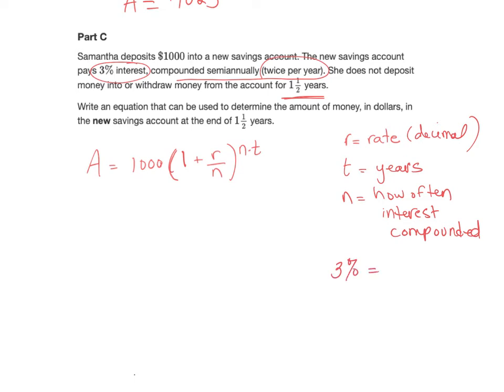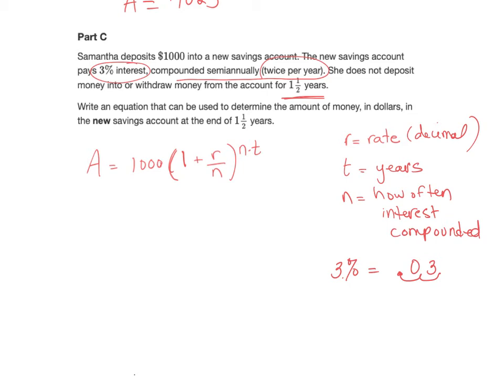So again, we need to move the decimal 2 places to convert from percent to a decimal. So if I have 3, my decimal point is always at the end, I'm going to move it 2 decimal places. So as a decimal, my rate will be 0.03.